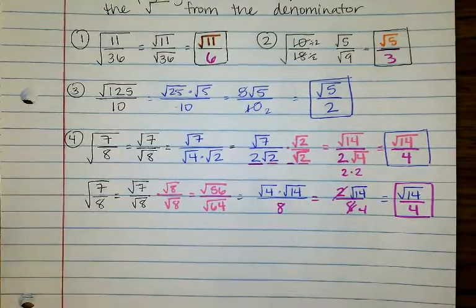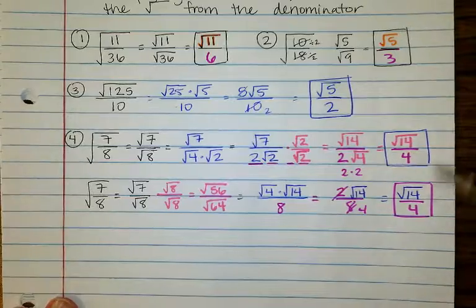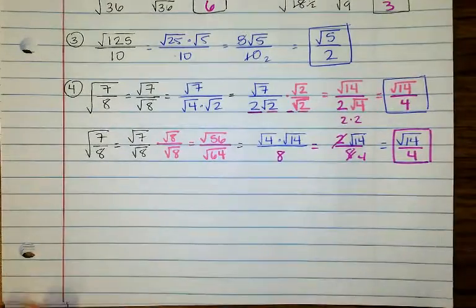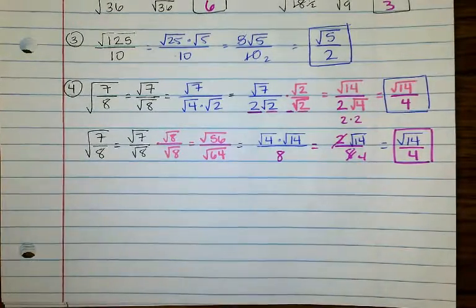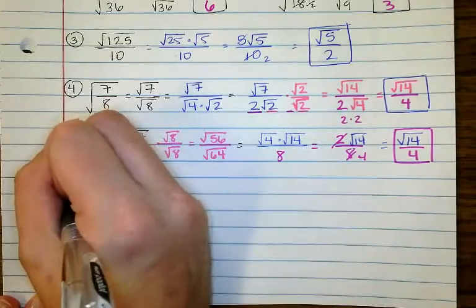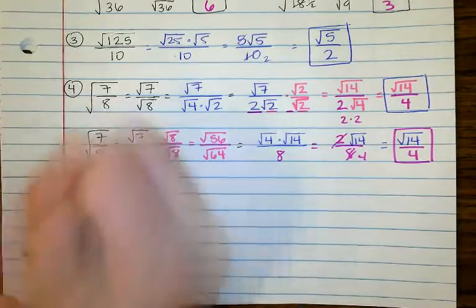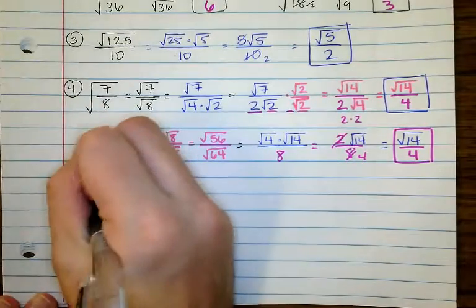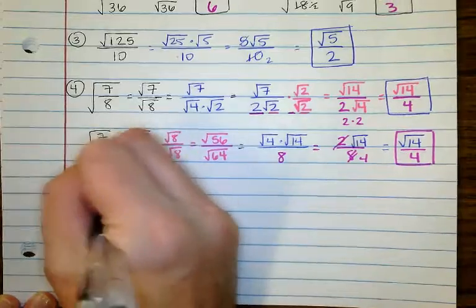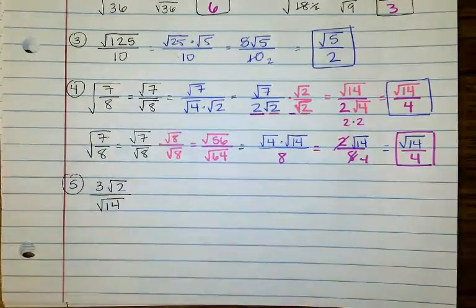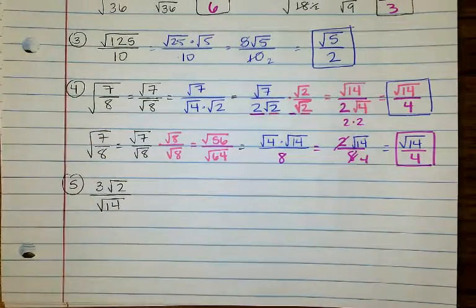Alright, for number 5, I'm going to say 3 radical 2 divided by radical 14. Okay? So what we could do is we could just go ahead and multiply by radical 14 right now. Do you guys want to do that? Okay, let's do it. So if we multiply by radical 14 over radical 14, oh, I was supposed to do that in pink, wasn't I? Dang it.